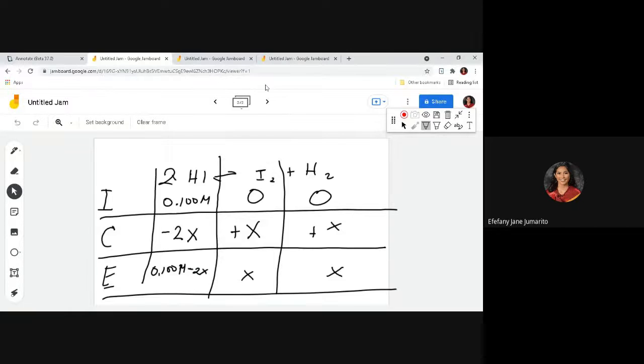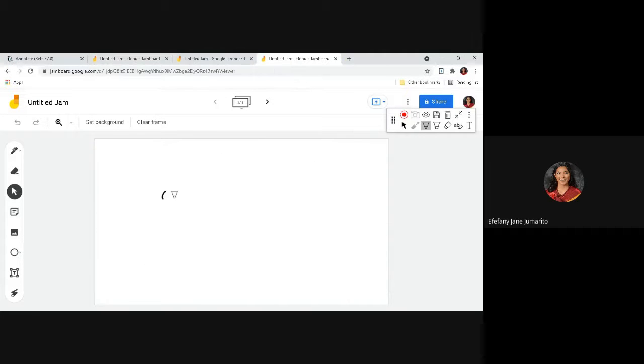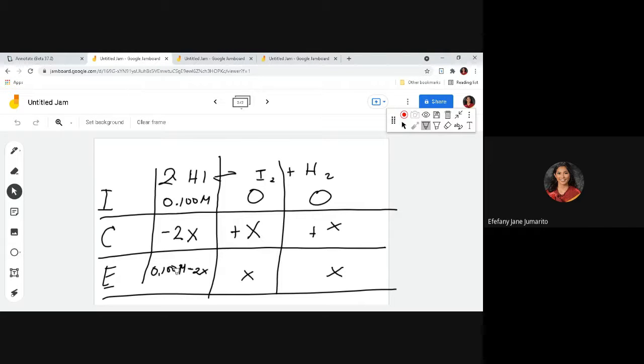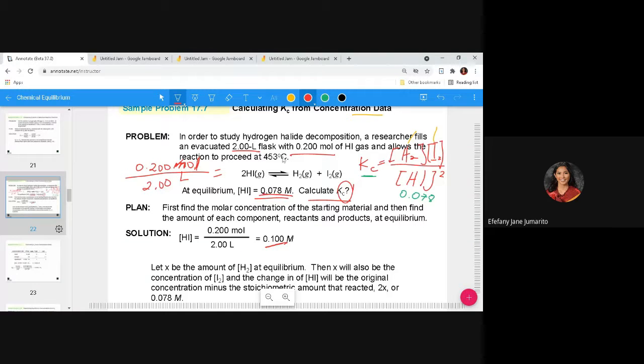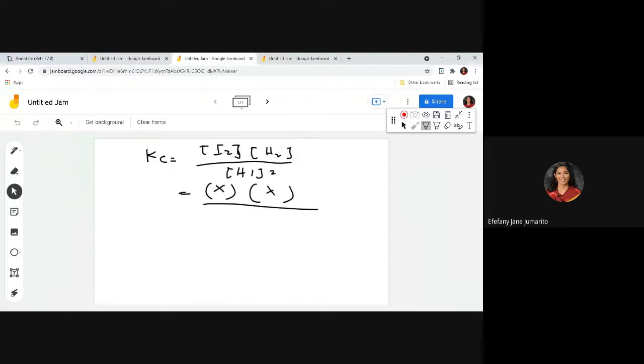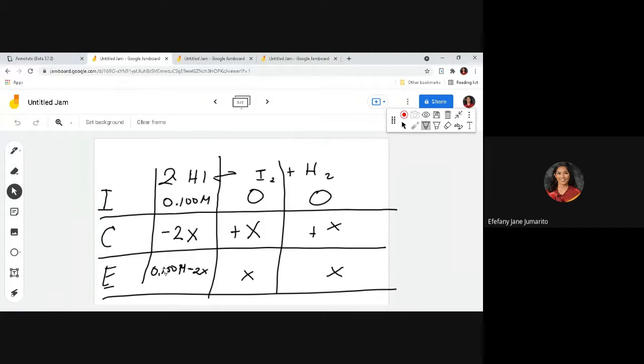So we have that one, no? We have here in our ICE table 0.100 minus 2x. So that is the value of our HI. Also in the given in the problem, HI is equal to 0.078. So we can use that one.